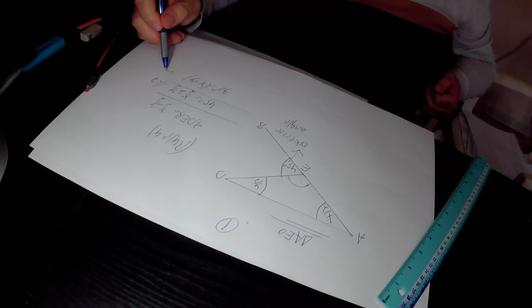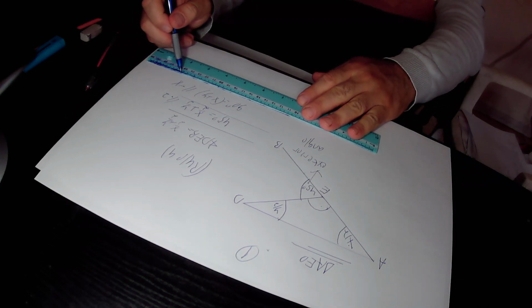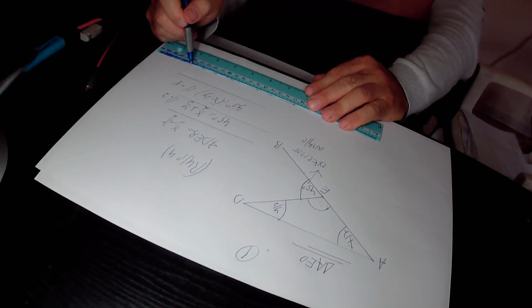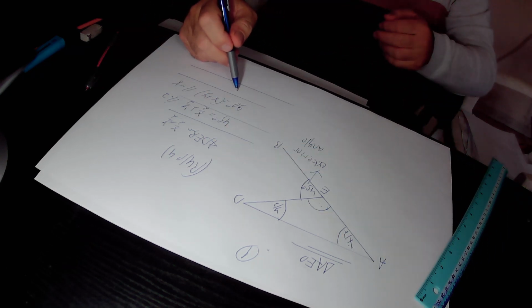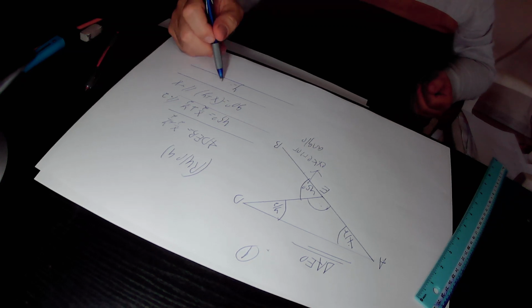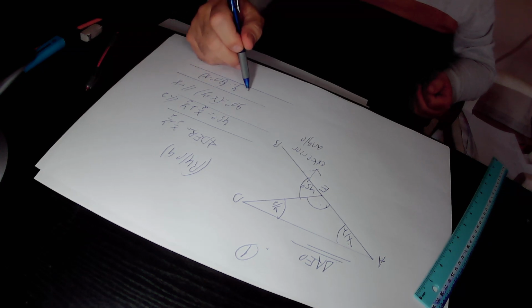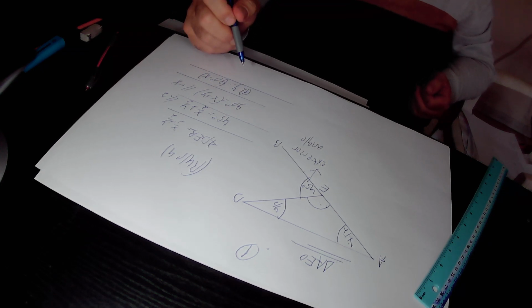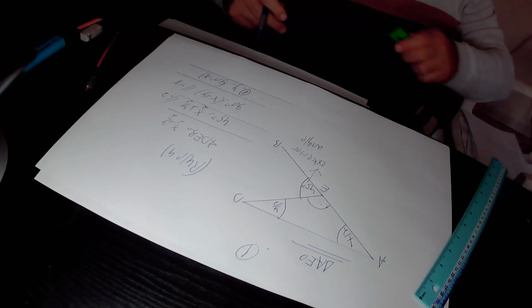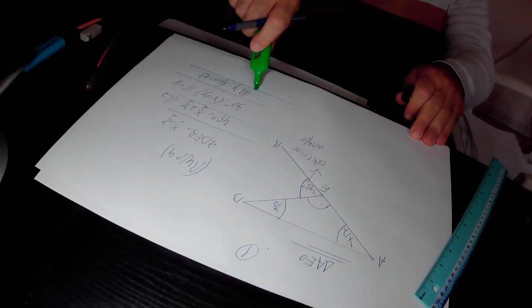Here we subtract x from this equation and finally get that y equals 90 degrees minus x. So this will be equation 1: y equals 90 degrees minus x.